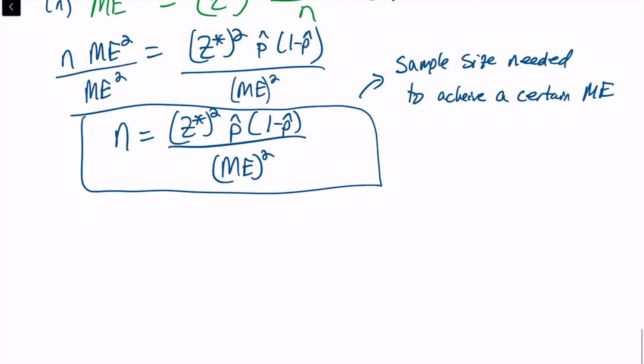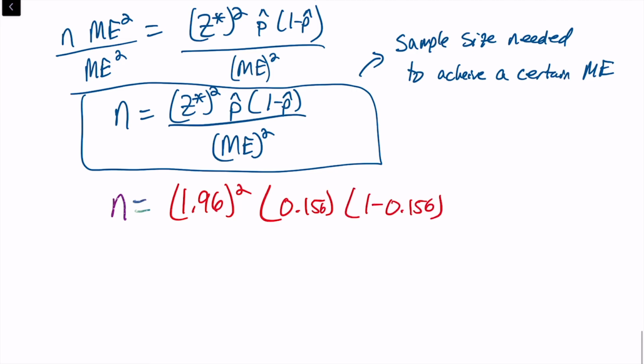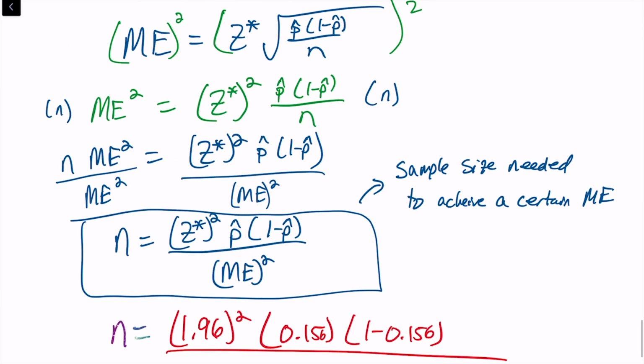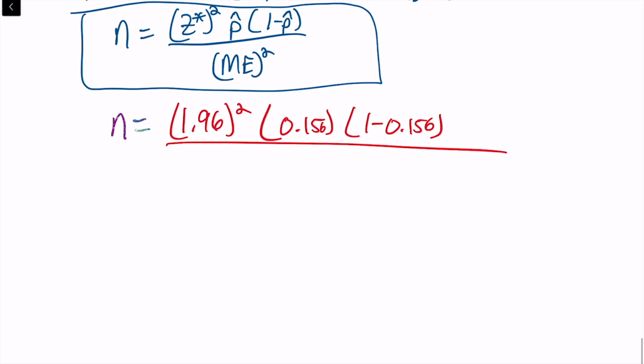Just plug it into the formula. n equals, our critical z-score was 1.96, squared, times our 0.156 times 1 minus 0.156, divided by the margin of error squared. We have to be within 1%, so we're going to square 0.01.